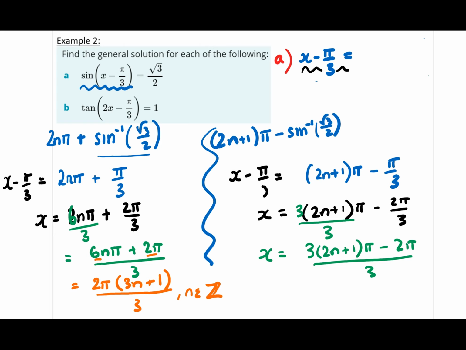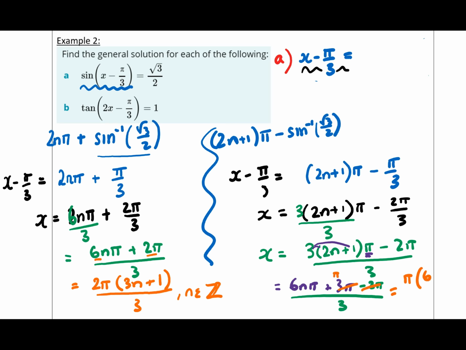If I expand the brackets, 6n pi plus 3 pi, because I'm multiplying by pi as well, minus 2 pi over 3, simplifies down to pi out as a common factor. 3 pi minus 2 pi is just pi.